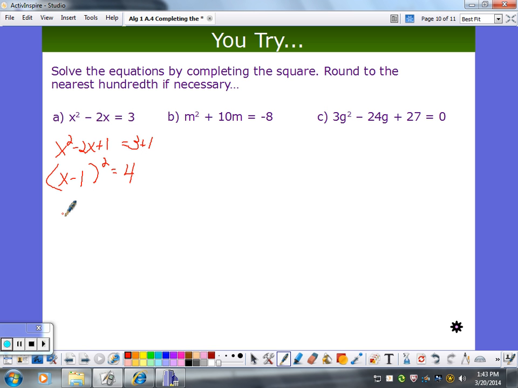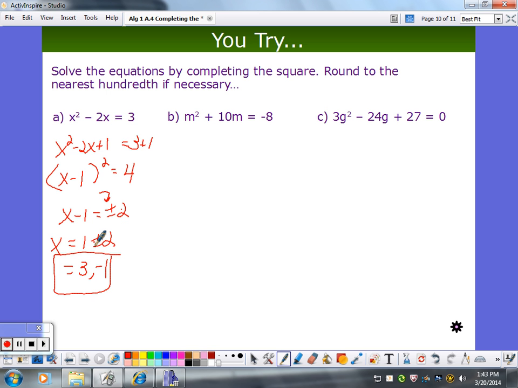Take the square root of both sides. Square root of 4, don't forget plus minus. Other big mistake people make, forgetting that. Add 1 to both sides. So let's see, 1 plus 2 is 3. 1 minus 2, negative 1. There it is. Who got that one? I got that. Awesome, awesome.